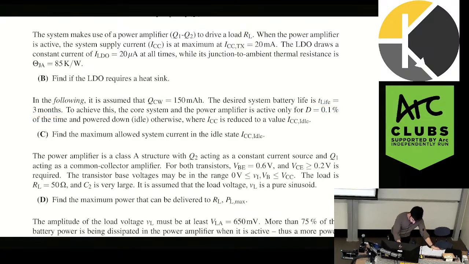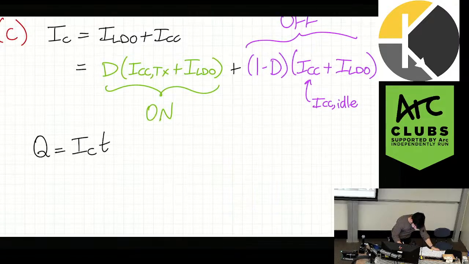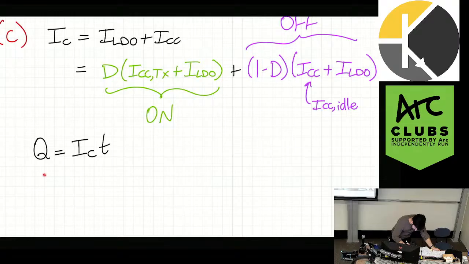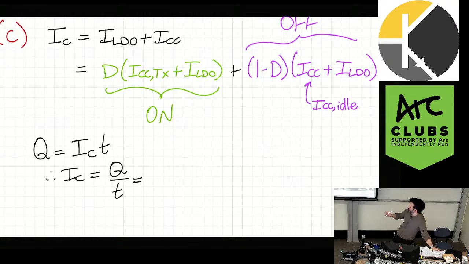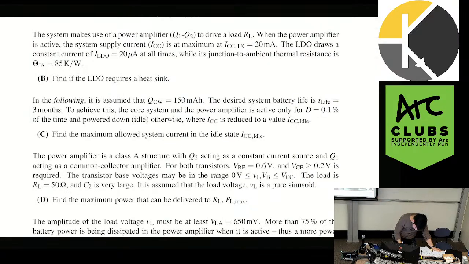So we're told its lifetime and its battery capacity. So from that we can rearrange this and say therefore IC equals Q on T. And when you sub in what you're given as Q on T, don't forget to convert T to hours, because it's given in 3 months. Obviously we don't want 3 months, so you should convert it into hours because the unit of Q is milliamp hours.